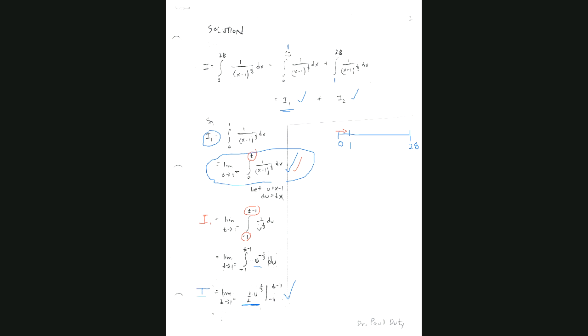The integral now equals the limit as t approaches 1 from the left of 3/2 times u to the 2/3. Limits go from t minus 1 to negative 1. And all we have to do is compute the limit. So I'll move to the next page then, if we're good. Well, now we're going to put in our t minus 1 and negative 1.